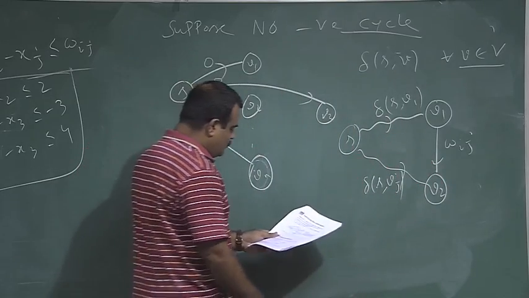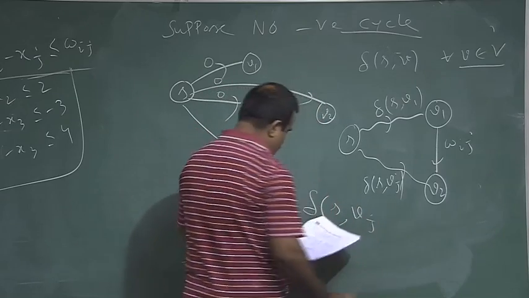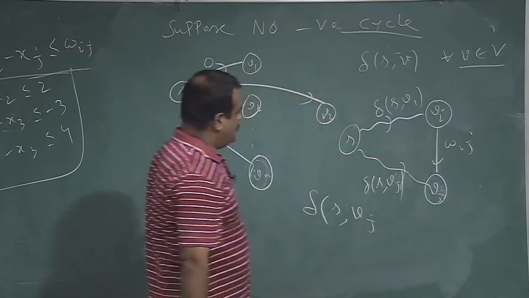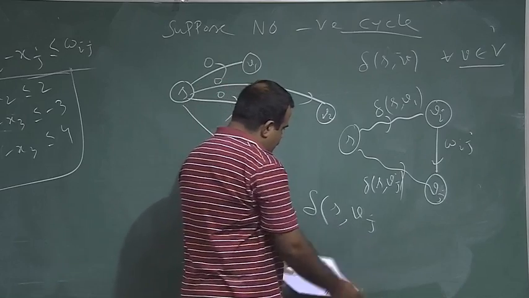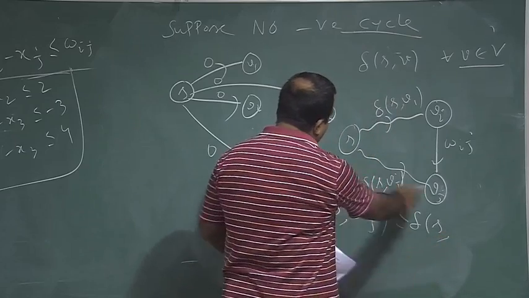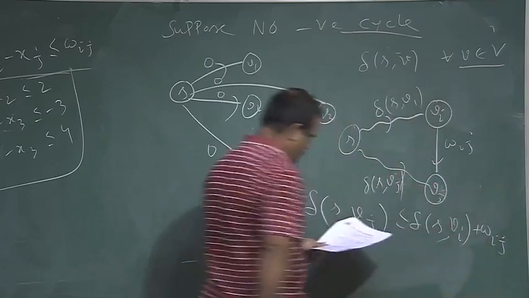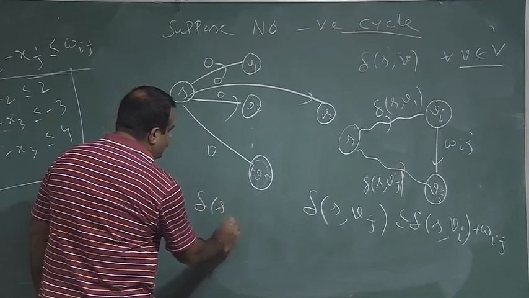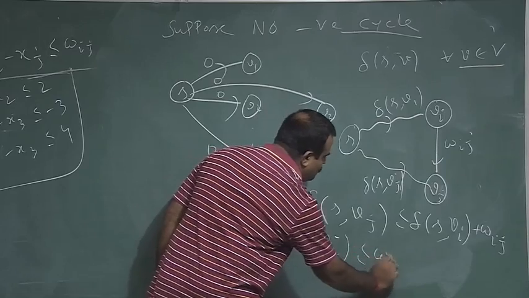Now, by the triangle inequality, delta of S comma V j is less than or equal to delta of S comma V i plus w i j. This gives us delta of S comma V j minus delta of S comma V i is less than or equal to w i j.